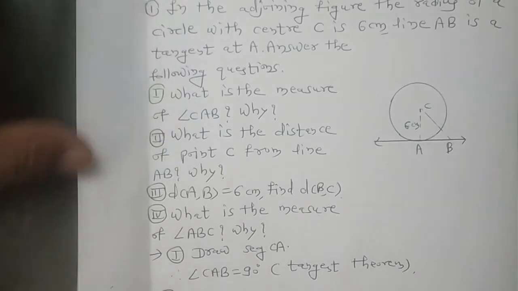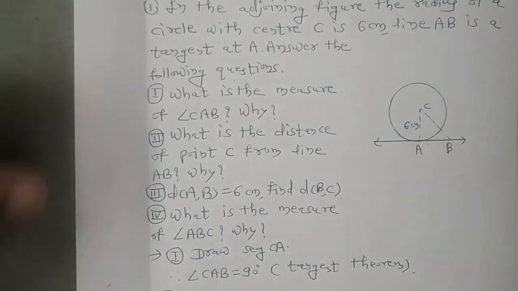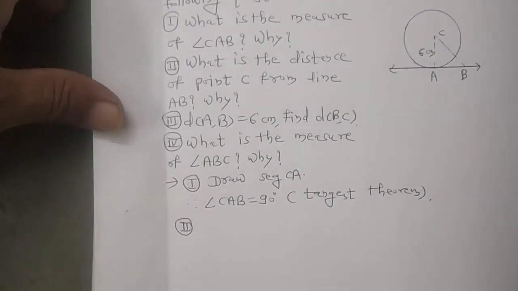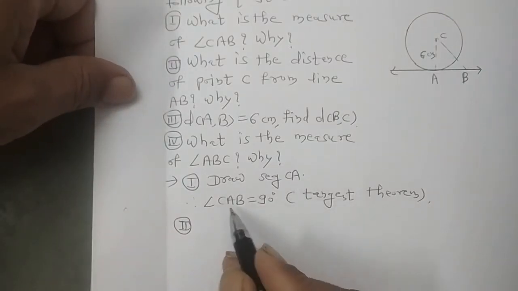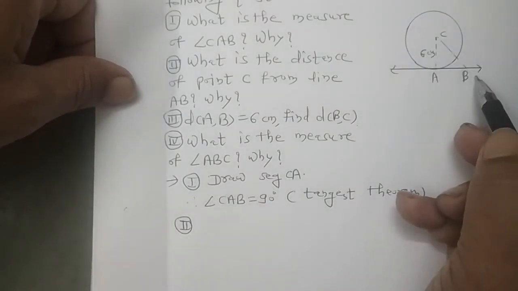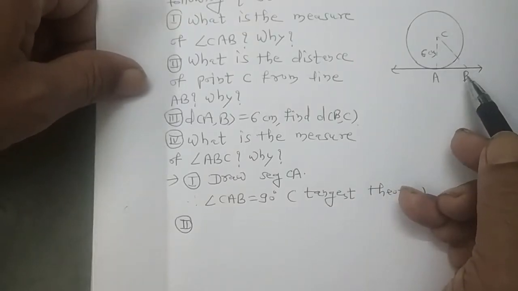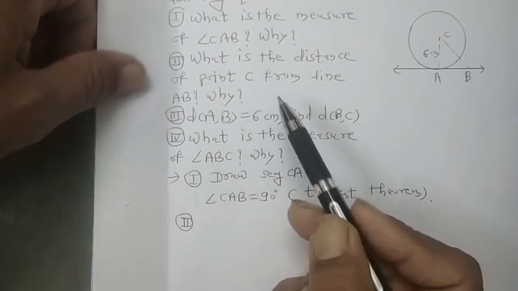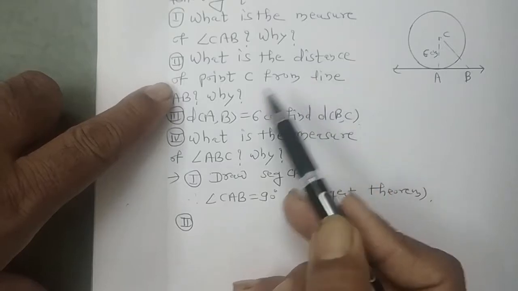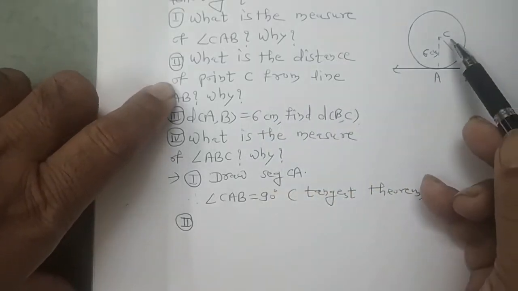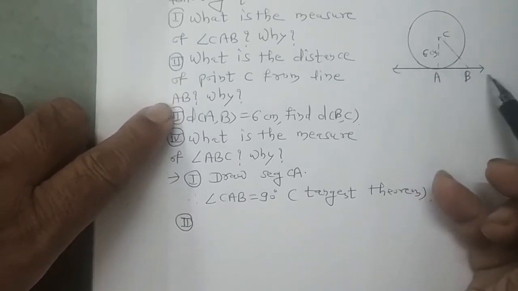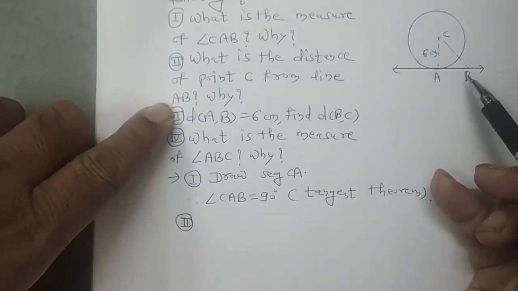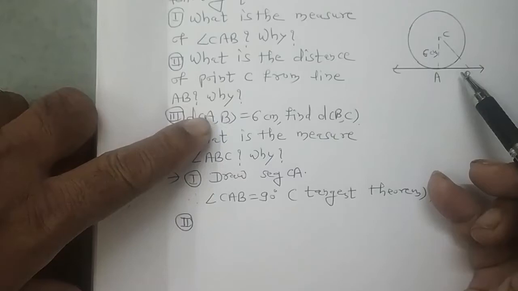Now second, draw segment CA. Angle CAB is equal to 90 degree, tangent theorem. Now in second, what is the distance of point C from line AB? Why?